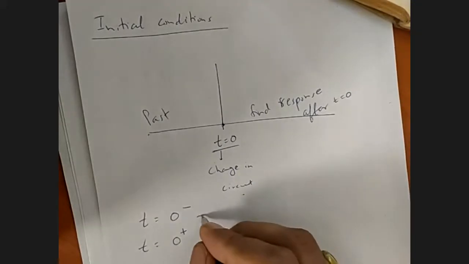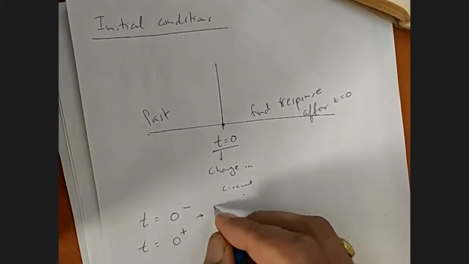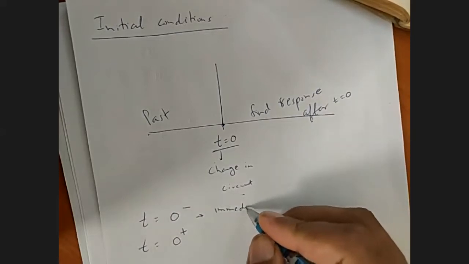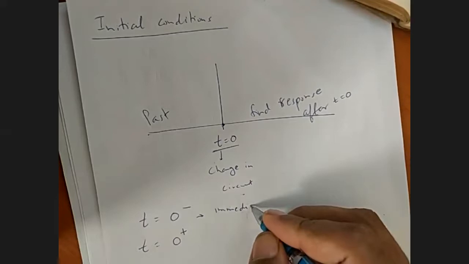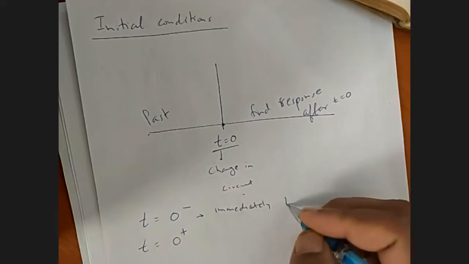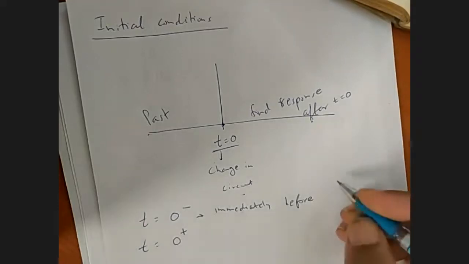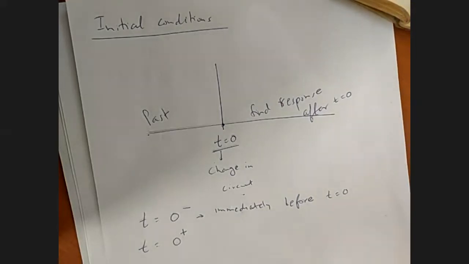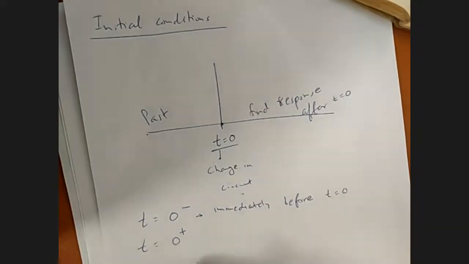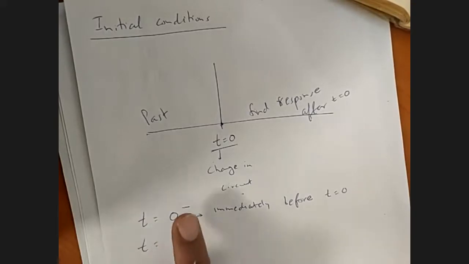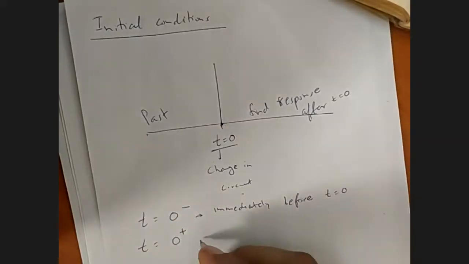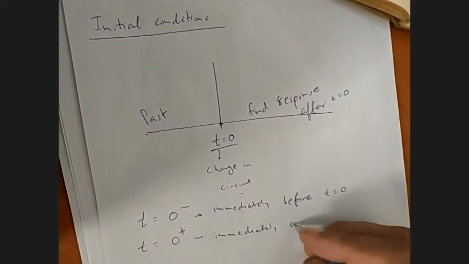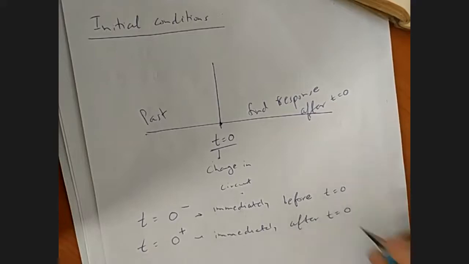0 minus is immediately before t equal to 0. What was there just before t equal to 0 is counted at t equal to 0 minus, and t equal to 0 plus is immediately after t equal to 0.